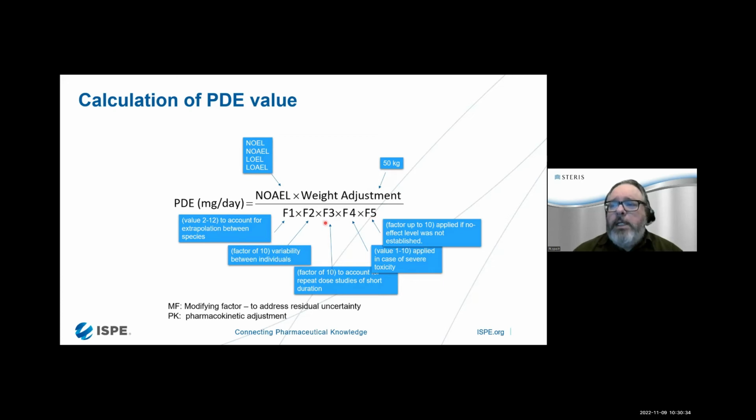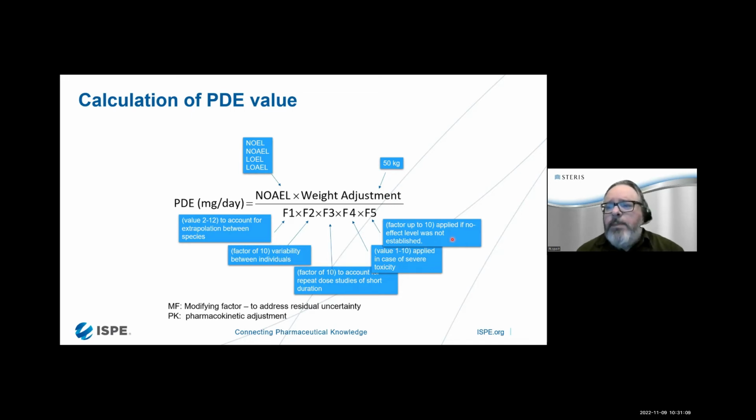In the ADE approach, they use uncertainty factors. In the PDE approach, they use F factors, and they account for things like extrapolation between species, variability between individuals, repeat dose toxicity, in case of severe toxicity, or adjustments based on whether or not a NOEL or a LOEL was used.